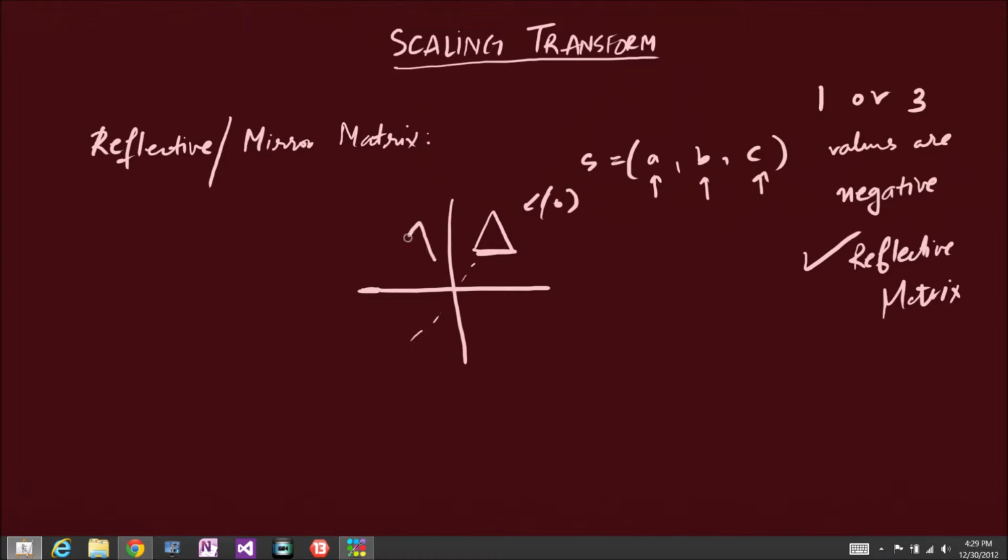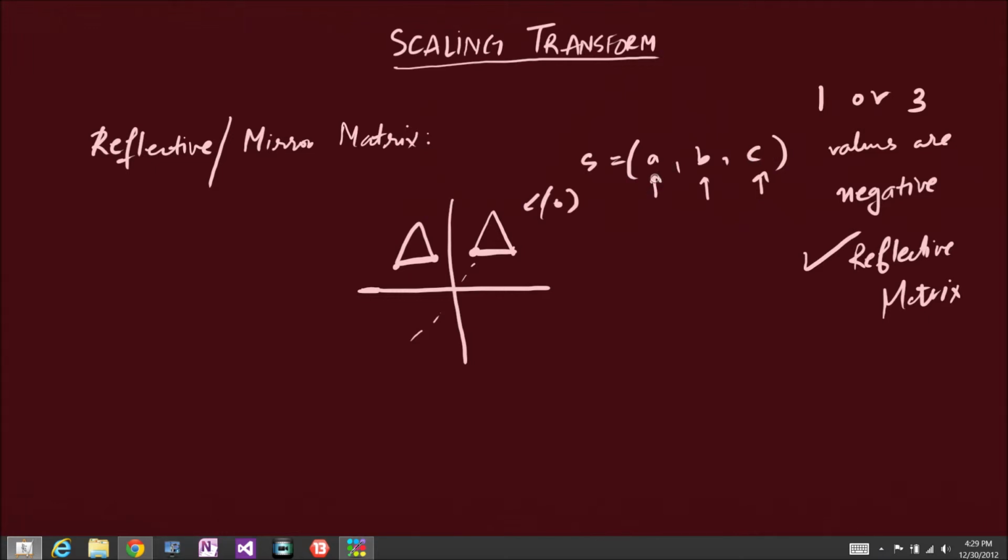Then we could reflect it like this, where this and this would be the negatives of each other, and the same with the other coordinates. So this is a reflection, and it can only happen if you have one or all of the coordinates negative.